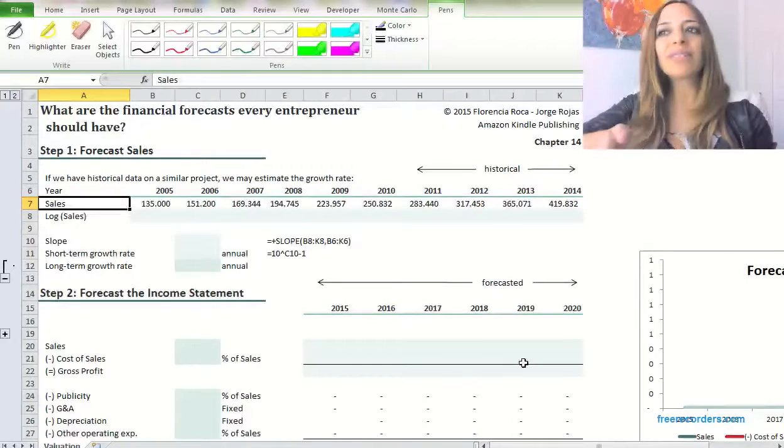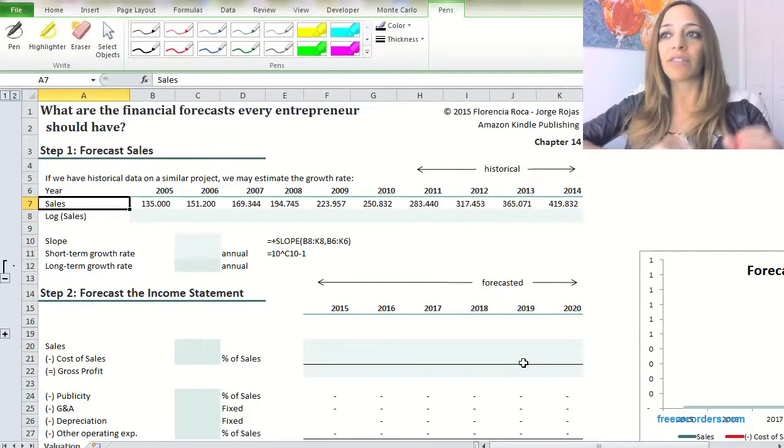Then for the long term, it is more conservative to assume that there will be a fade rate, which means that the effect of competition will reduce the economic profit in the long term, at least.